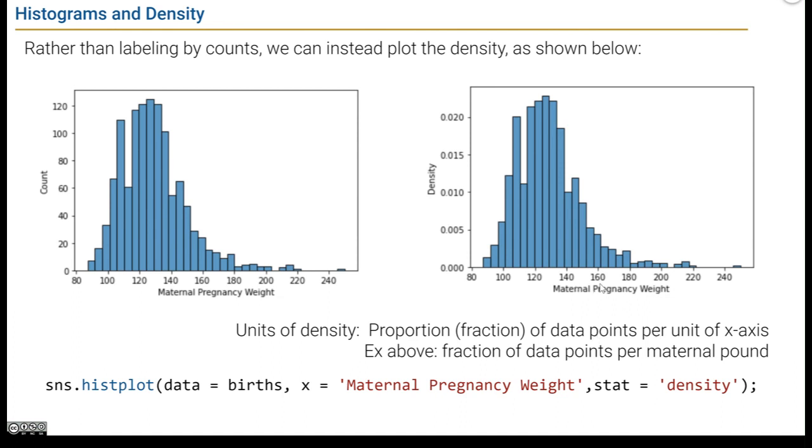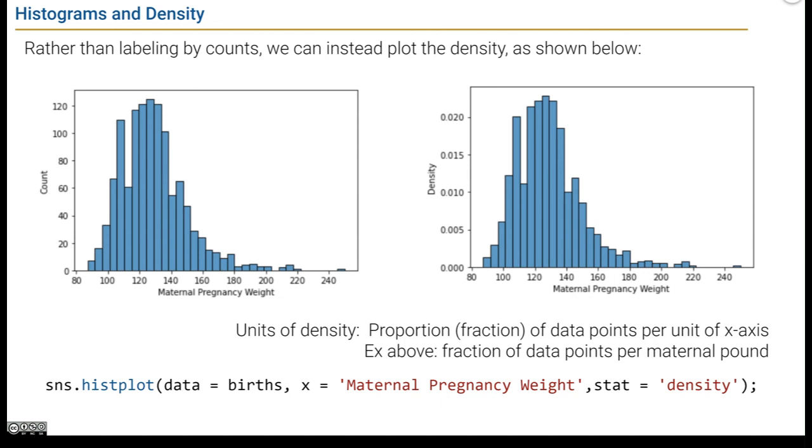Why is this useful? When I convert to density, the areas of the bars are going to represent the proportion of data points that fall in that category. What this is leading us towards, if those of you that have studied probability already, is the idea of a probability density function, which will be what we use for continuous random variables.